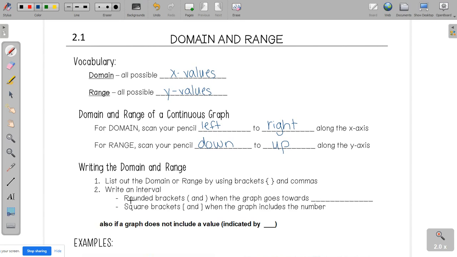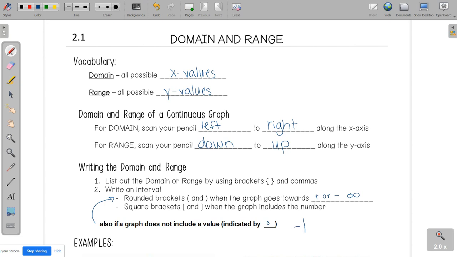The second way is more if you have a graph and you're looking at it visually, we are going to use rounded or square brackets. We use rounded when the graph goes towards positive or negative infinity. Also, we use it if the graph does not include a value, and that's going to be indicated by this open circle on the graph.